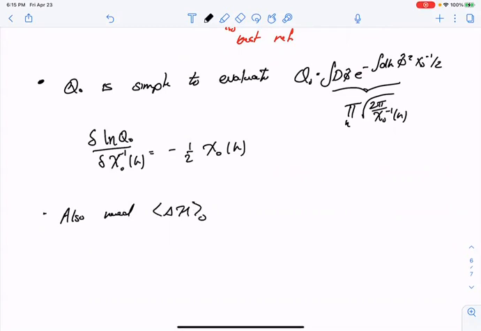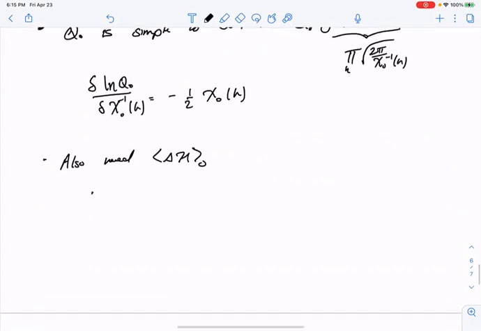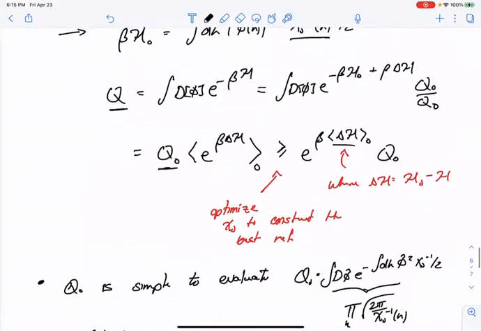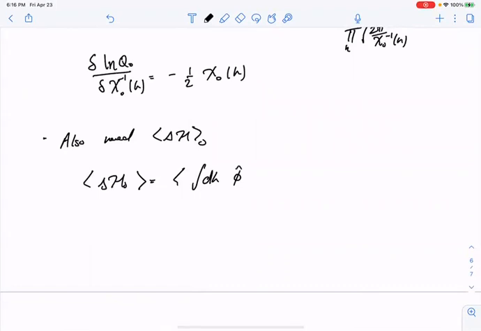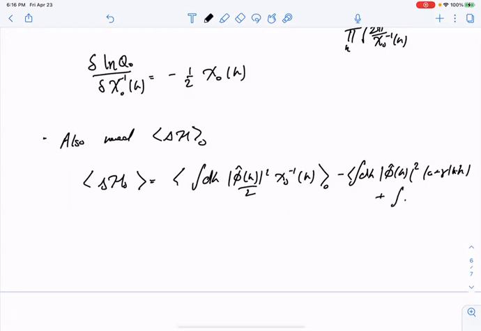We also need to evaluate this average of delta H in this Gaussian reference. Let's write out what that is. So that's an average over the reference first, in the reference, and then we have our full theory, like so.